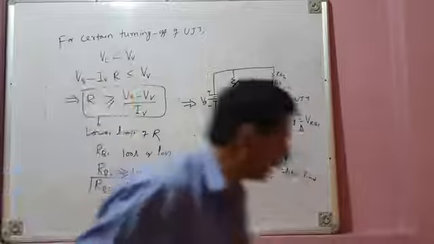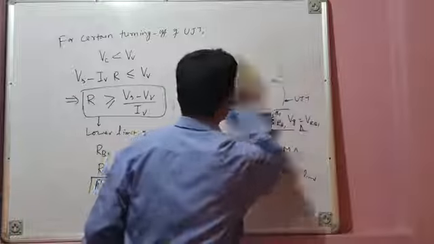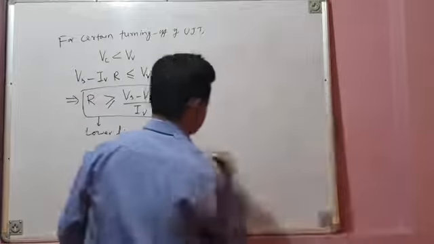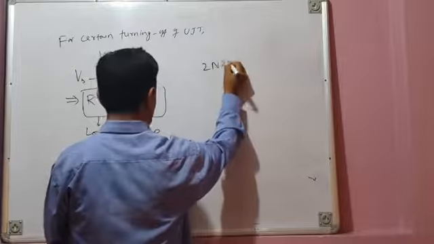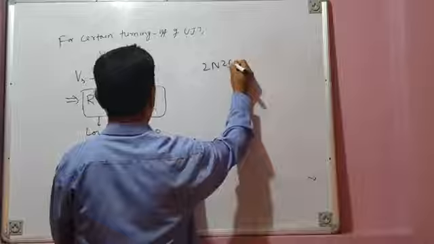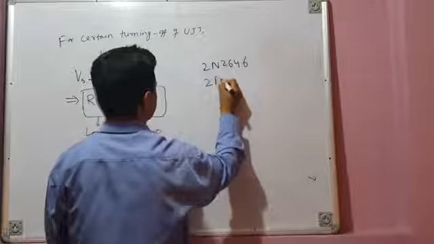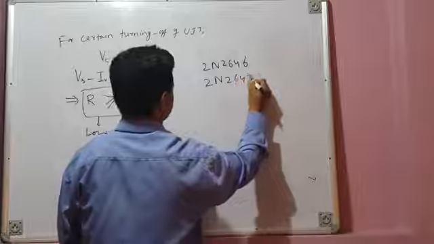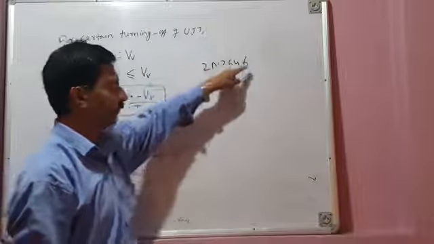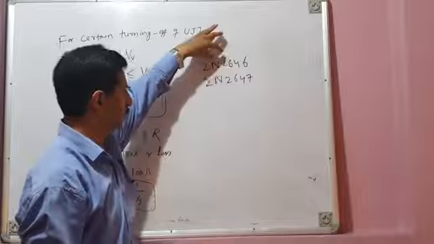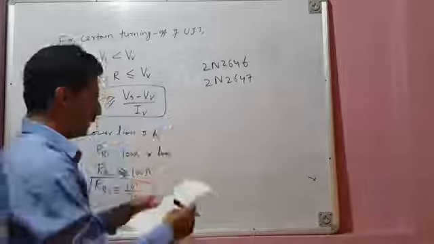And practically, commercially available UJTs have specifications like this: 2N2646. It is a commercially available UJT. Another commercially available UJT is 2N2647. If you go to the market, you can ask the vendor to give the UJT whose serial number is this, another UJT whose serial number is this.